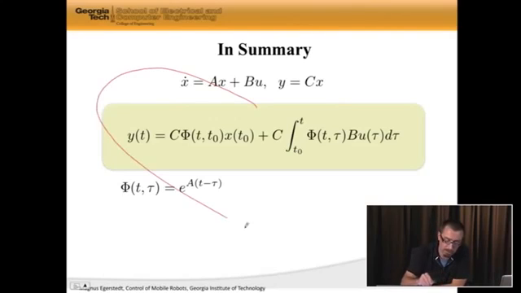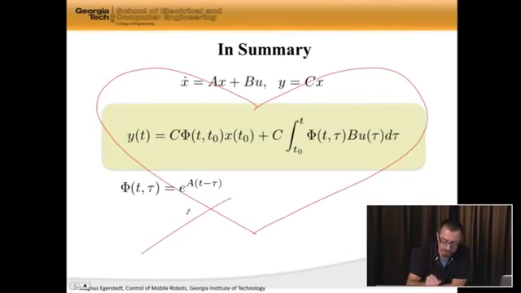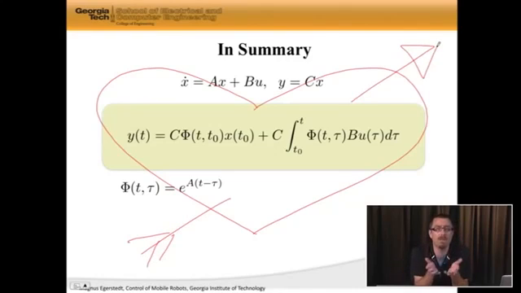And you know what? Let's add another sweetheart to this. So all these push-ups just ended up with us being able to write explicitly what the solution is. Now, we're not particularly interested in actually computing this at all, but we need to know it to move forward. So at the end of this application of Leibniz rule, what we ended up with was an expression for the output, or the state if you want to get rid of the C matrices, of this general LTI system.